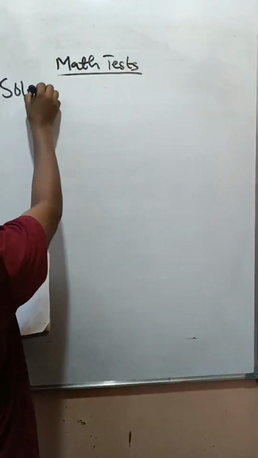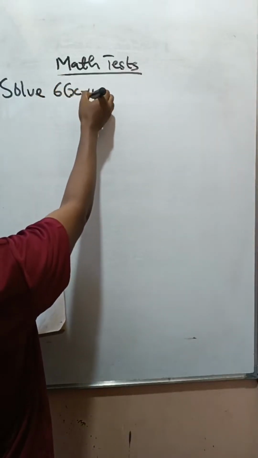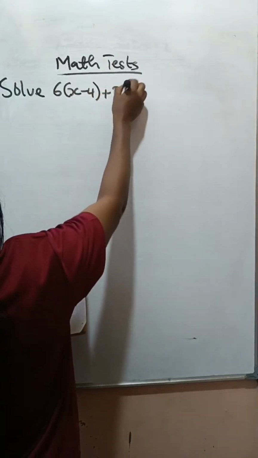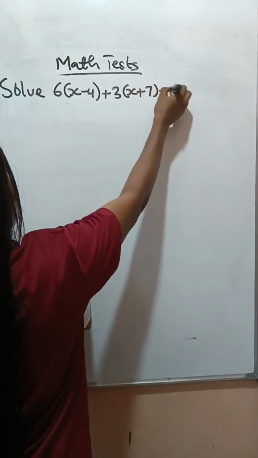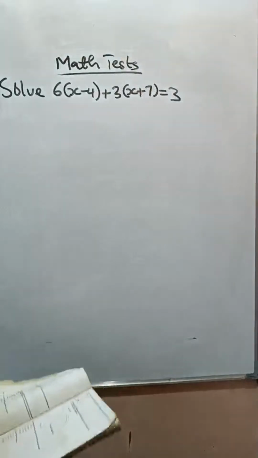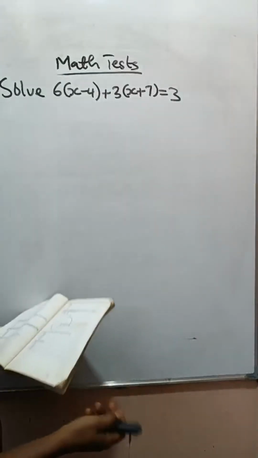Okay. Now, the next question is saying, solve. So we are asked to solve 6 bracket x minus 4 plus 3 bracket x plus 7 is equal to 3. Okay, let me write the options.